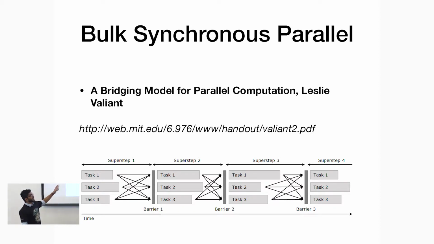He came up with this framework for both hardware architecture and software architecture for writing parallel programs. And it's called Bulk Synchronous Parallel, BSP. You read any paper on vertex programs or graph algorithms, I don't want to say any, but a lot of them, they will at least touch upon BSP, or bulk synchronous parallel.